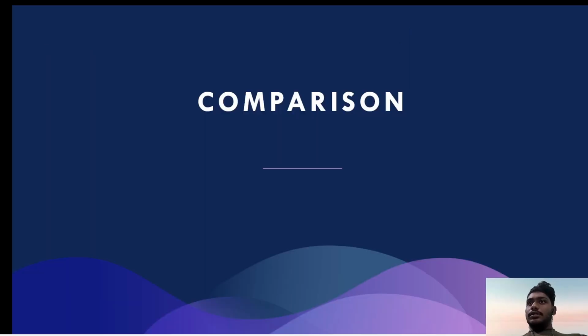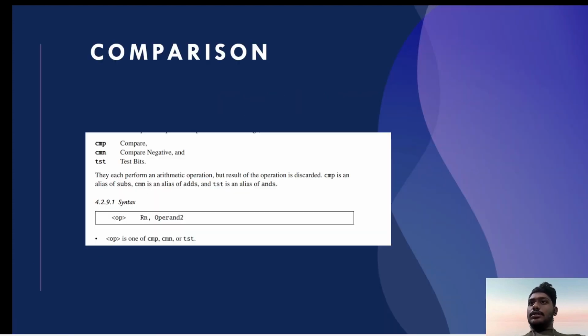Comparison operations. These three comparison operations update the present state flags but have no other effect. These include CMP, compare, CMN, compare negative, and TST, test bits. They each perform an arithmetic operation, but the result of the operation is discarded. CMP is an alias of SUBS, CMN is an alias of ADDS, and TST is an alias of ANDS.